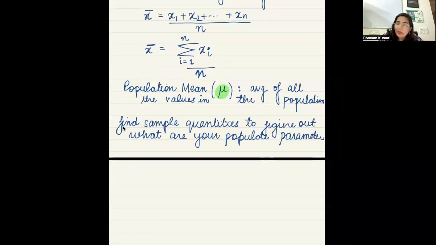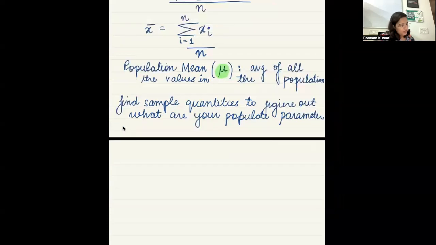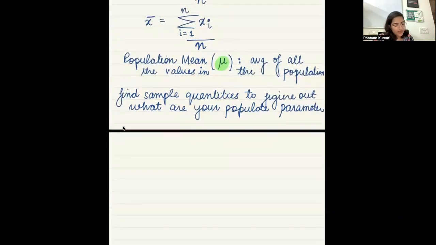That is my sample average. Whatever sample average I've gotten is my best guess for the average marks of BA economics students in Delhi University. So I have tried to guess the population mean.